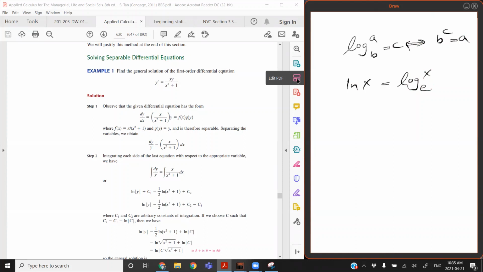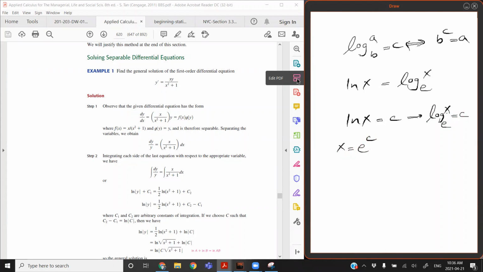So if you have ln of x equal to C, that's the same as log x base E equal to C. So if you want to isolate x, you would write x is equal to E to the power of C.